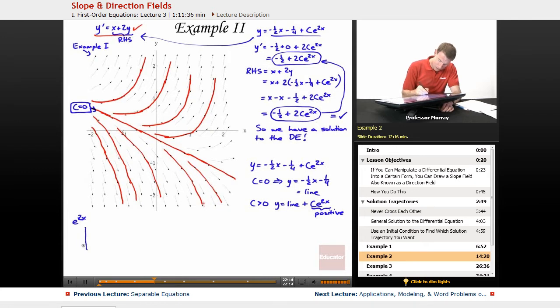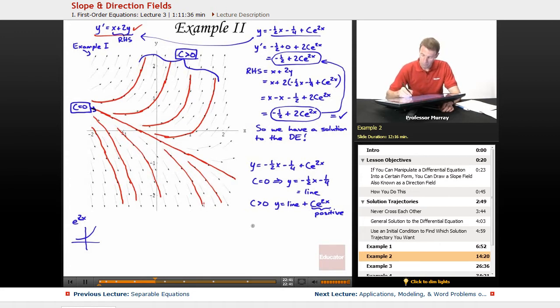E to the 2x looks like this. So I'm taking that line and I'm adding an exponential function to it. That's going to give me these positive, exponentially curving upwards solution trajectories.